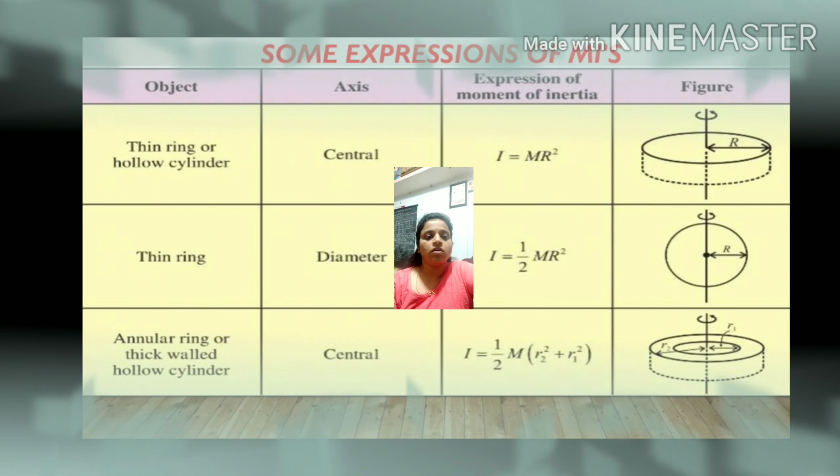This annular ring or thick walled hollow cylinder is rotating along the axis which is passing through the center, and the expression is I is equal to 1/2 m (r2 square plus r1 square). The figure shows that r1 is the radius of the inner circle, whereas r2 is the radius of the outer circle.